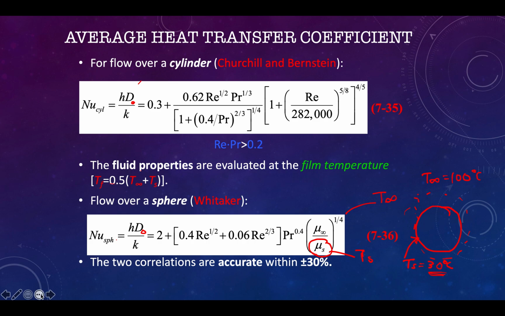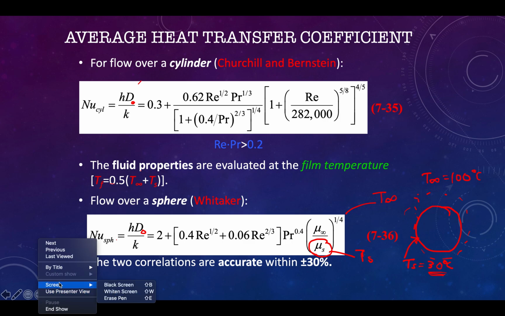So how to calculate? It is very easy compared to a flat plate. The first step is to calculate the Reynolds number. You know that the Reynolds number is rho V D outside divided by mu, or you can use Reynolds number equal to V D outside divided by nu. Next, you know there are two equations, cylinder and sphere.